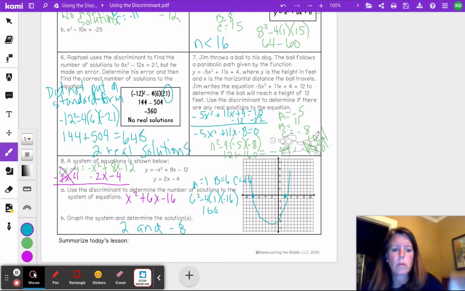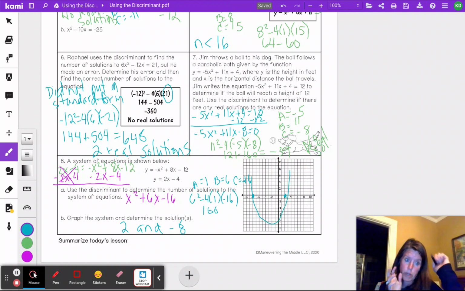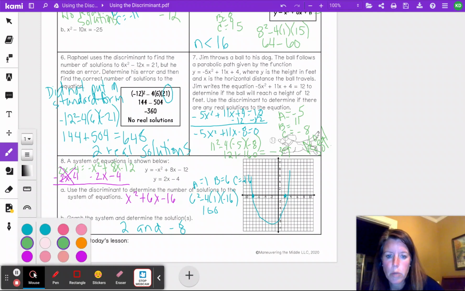If we wanted to, we can put it in vertex form, and that would tell us the minimum of this value. This is one of those occasions where, when we did vertex form, we didn't really have one that had a negative a value. But if you look, oh, and I didn't put the negative right there. That has a negative a value.